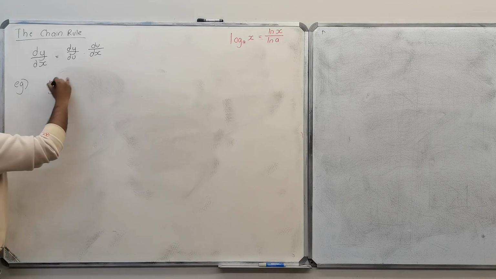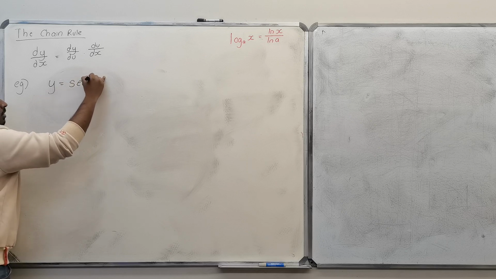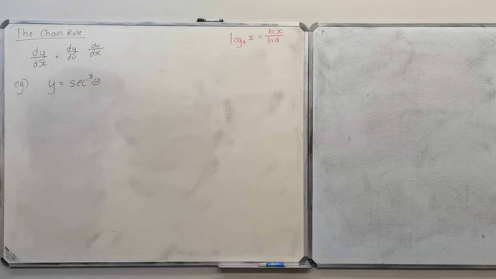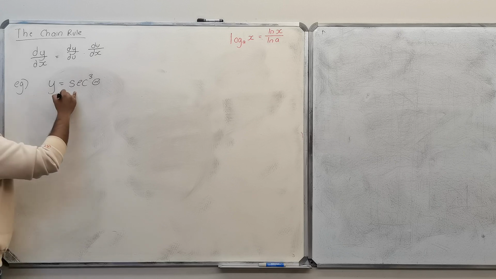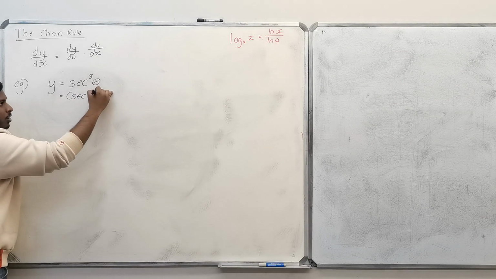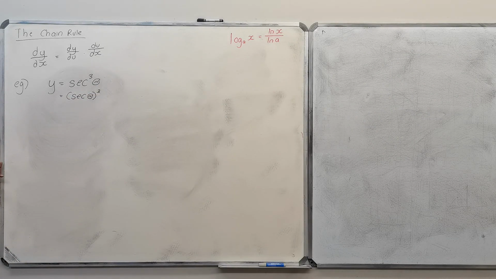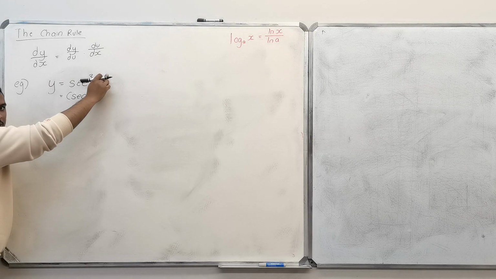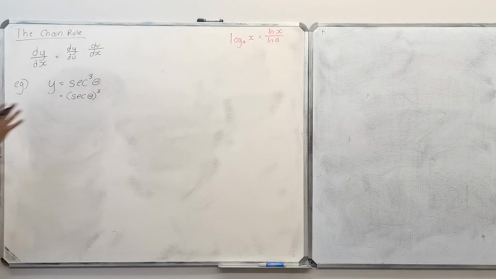You have y equal to sec cubed. That's the exact same thing as saying y is equal to sec of the angle cubed. It's not the angle cubed, it's this whole thing cubed.